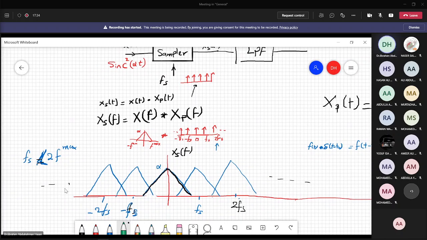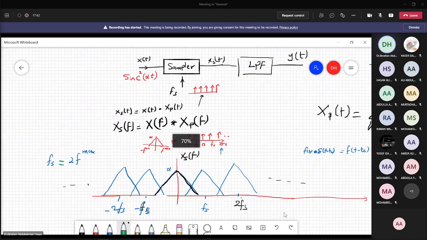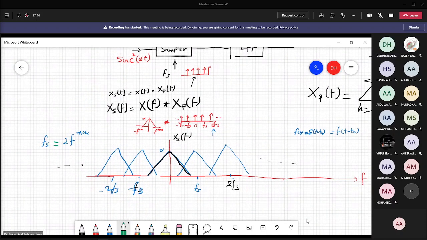Okay, what about if it is equal? If it is equal, then I will return back to this.